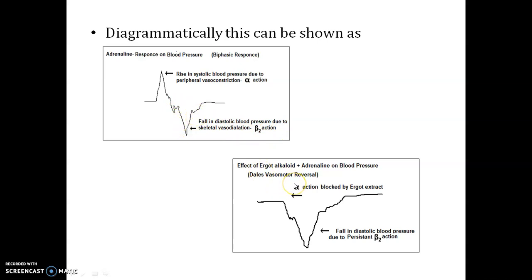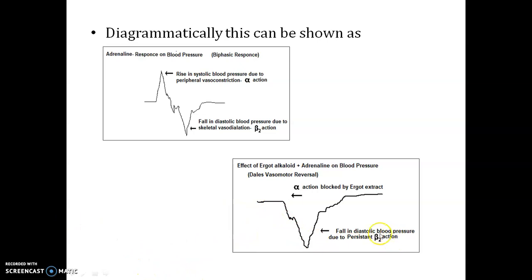But when the action of adrenaline on its alpha receptor is blocked by administration of an alpha receptor blocking agent like ergotoxin, then as the alpha receptors are blocked, if adrenaline is administered, it is unable to produce its action on the alpha receptor.